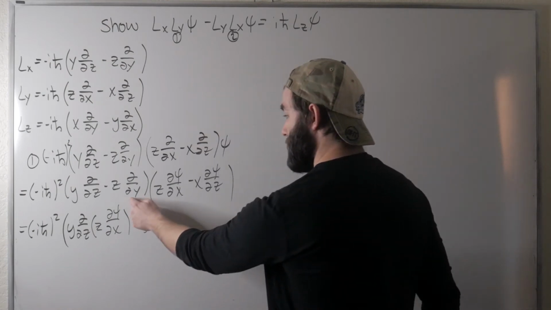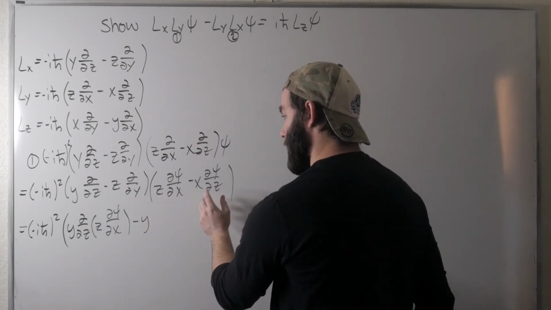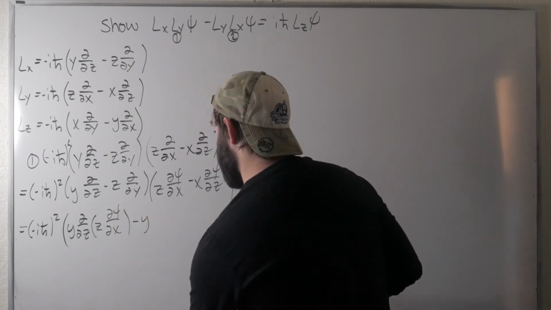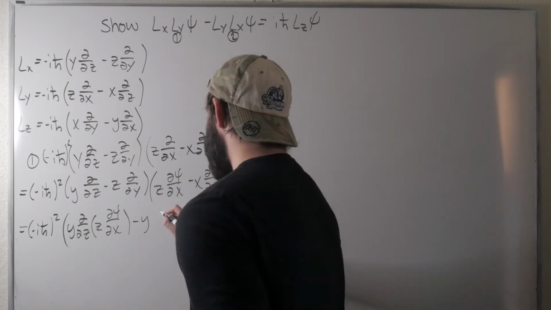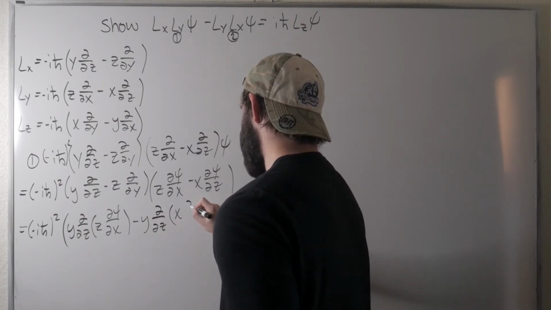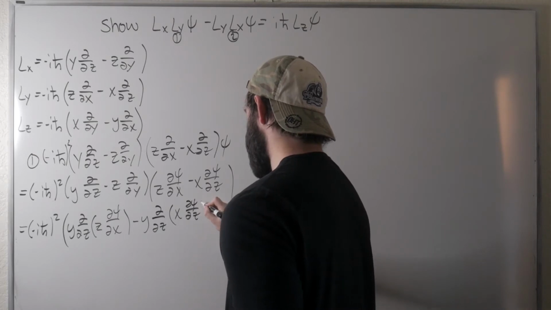None of the other terms that we're taking derivatives with respect to, actually let me just keep being thorough. So we have minus y d dz of x d psi dz.